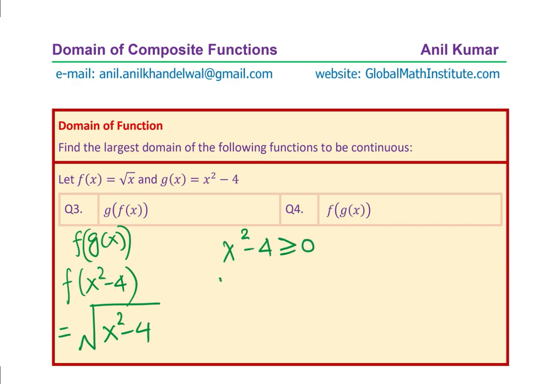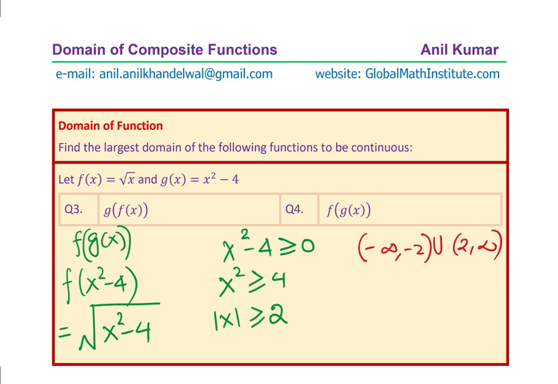And that gives you x square is greater than or equal to 4, or taking the square root, absolute value of x is greater than or equal to 2. So the domain of this function is, from minus infinity to minus 2, union 2 to infinity.